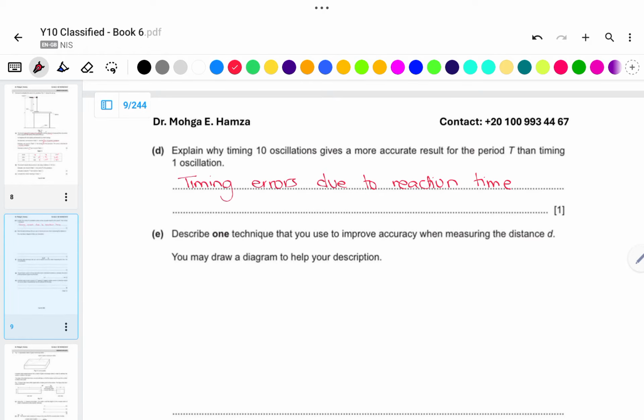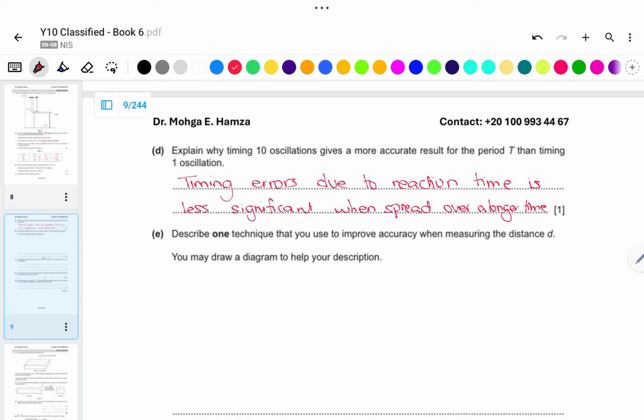Time errors due to reaction time will be or is less significant when we do it over a lot of oscillations, when spread over a longer time.